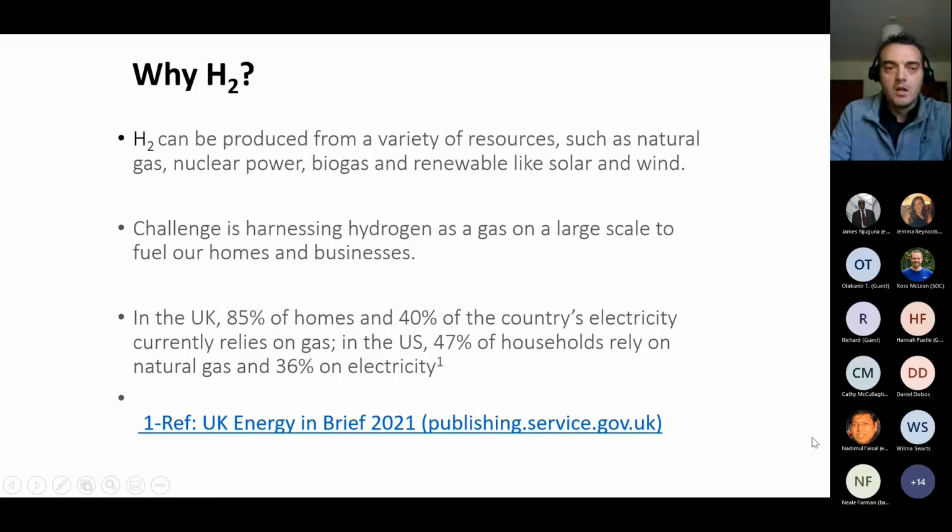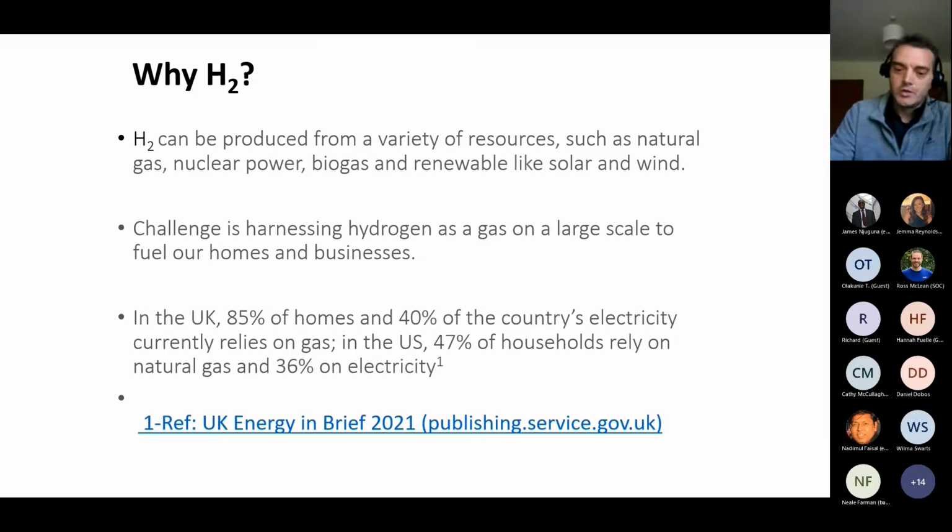Something interesting: we have said so far that hydrogen can be produced from different sources. One interesting aspect, coming from UK Energy 2021, is that in the UK, 85% of homes and 40% of the country's electricity currently rely on gas. In the US, 47% rely on natural gas.